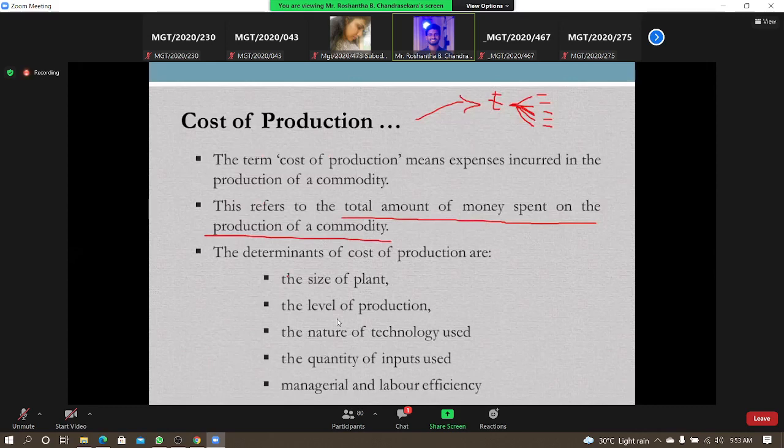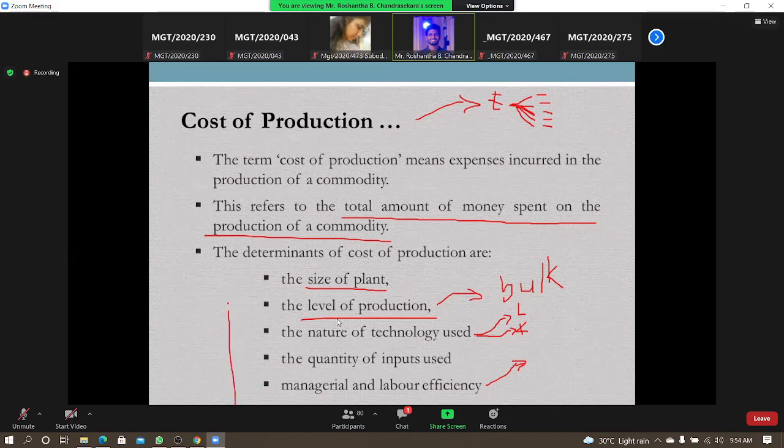The determinants of cost of production are different: size of the plant, level of the production, in which level we are producing, in a bulk level or a single unit level; the nature of the technology used, whether we are relying more on labor or more on capital; the quantity of inputs used, the amount of inputs that is used; managerial and labor efficiency, that means the technical superiority that the managerial and the labor capacity is having.